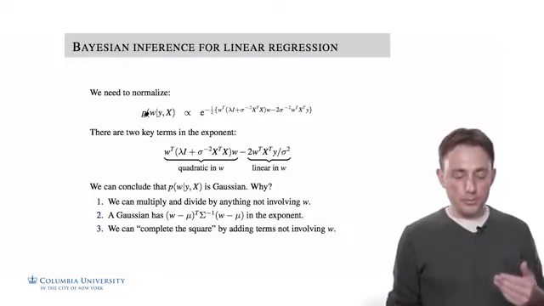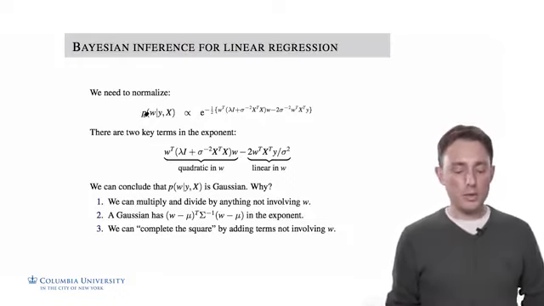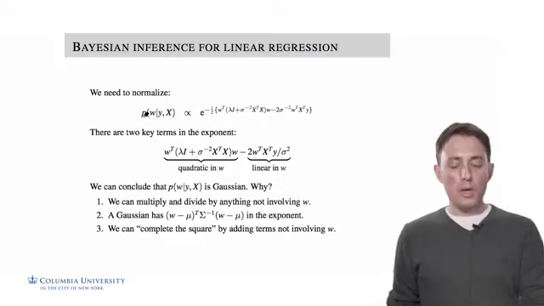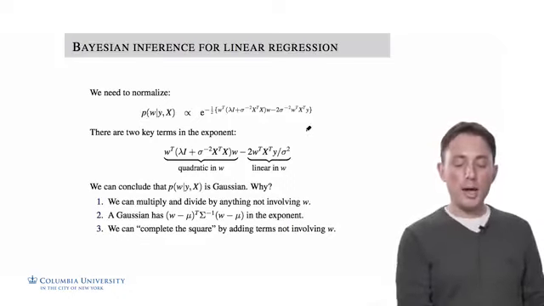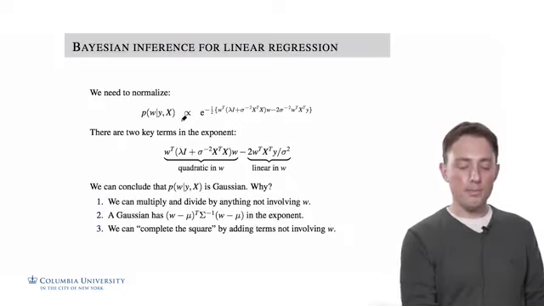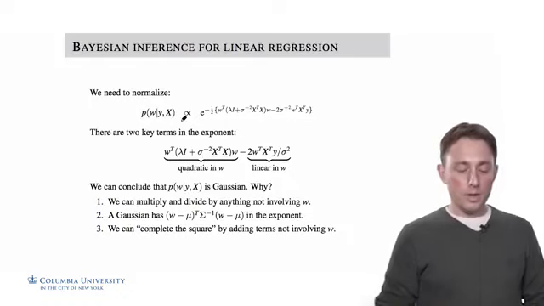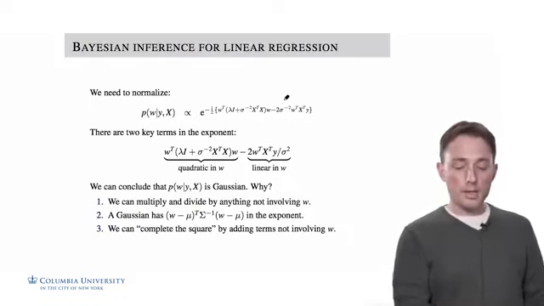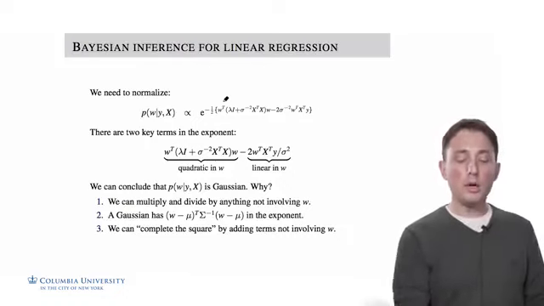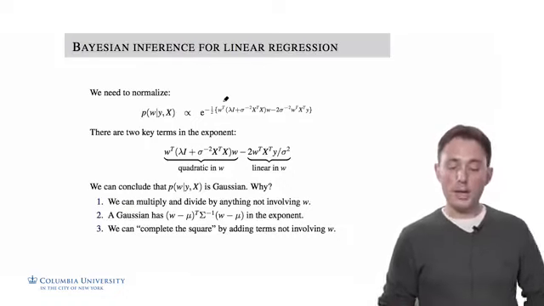But first, why is it that we can make this conclusion? In order to solve Bayes' rule, we're allowed to multiply and divide this term by anything that doesn't involve w. So we can multiply or divide by something not involving w, such that the result integrates to 1, and we've solved the problem.